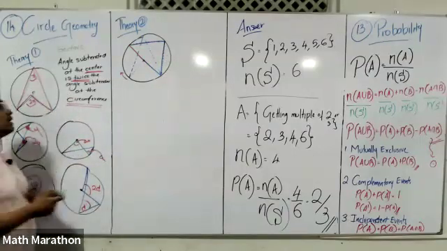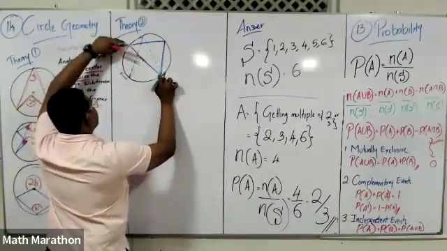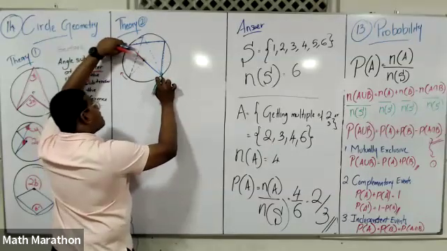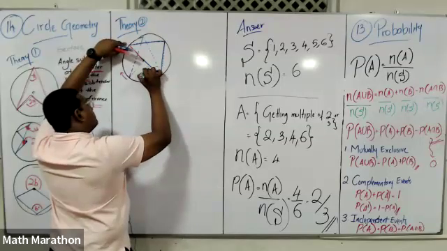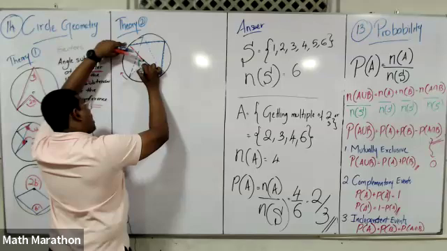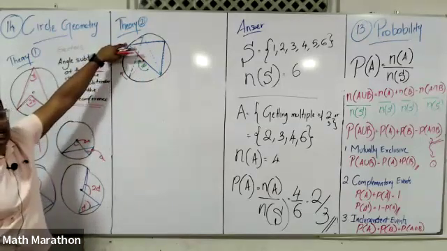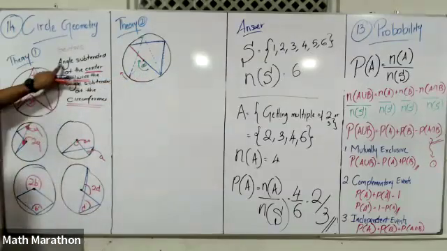Okay. If this is the center and this is in one line, what does it mean? This is the diameter. If that's the diameter, the angle at the center is how much? 180. If that is 180, what did the theory say?